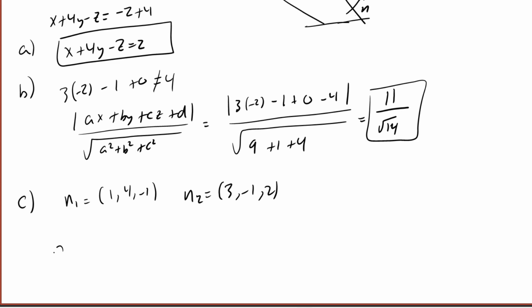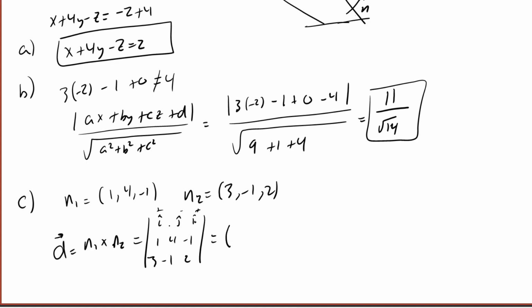Okay, so the direction vector is going to be n1 cross n2, which we have i, j, k, plus, minus, plus, 1, 4, minus 1, 3, minus 1, 2.